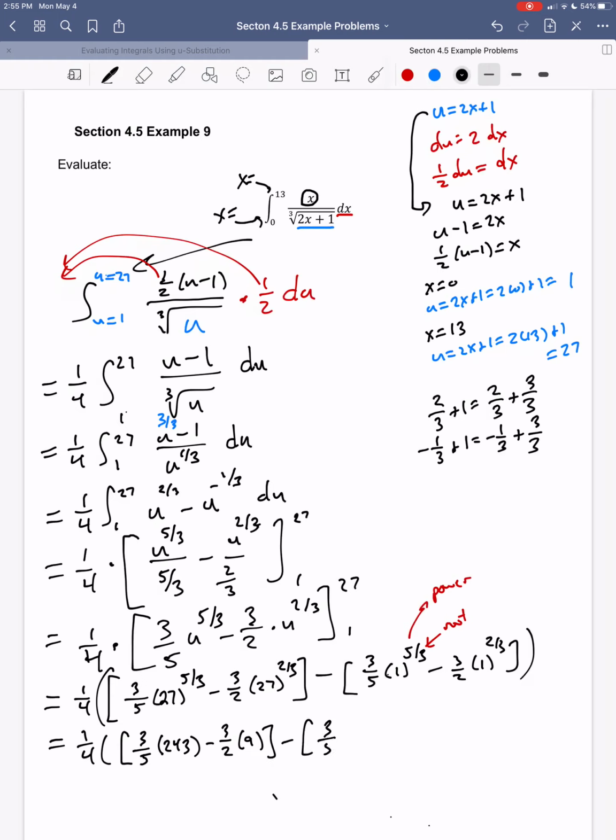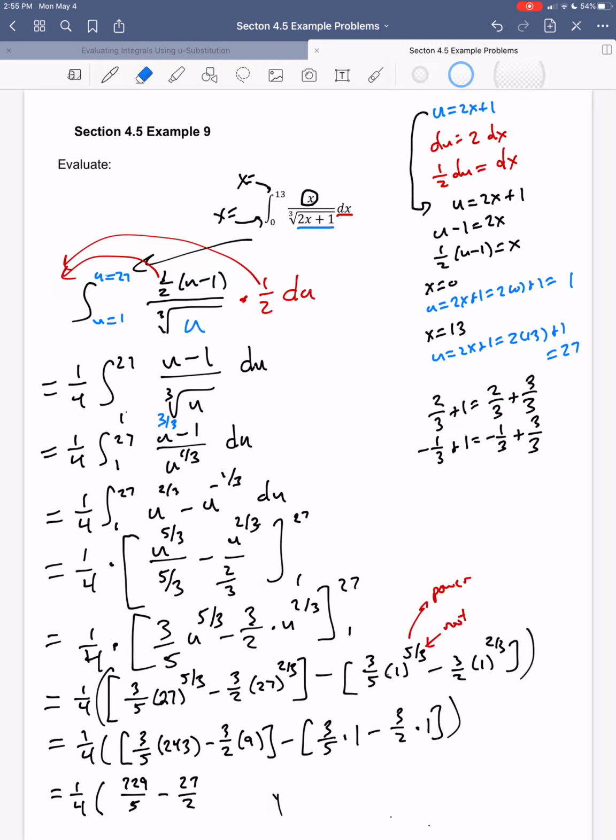This is easier. 1 to any power is 1. So 3 times 243, we get 729 over 5 minus 27 over 2.